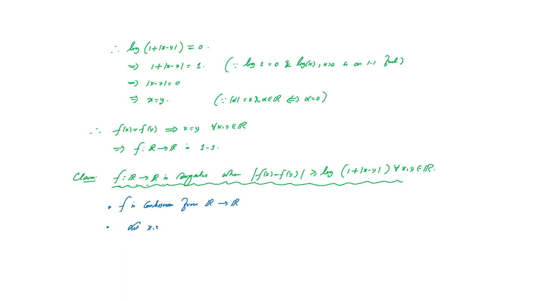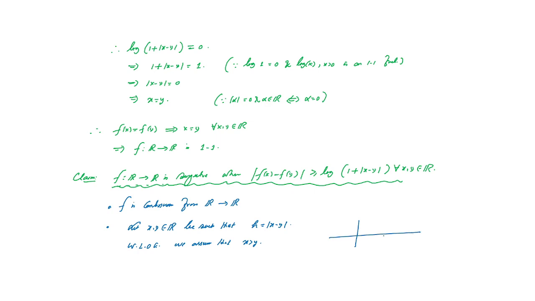So let x and y, both real numbers, be such that h equals mod of x minus y. So without loss of generality, we assume that x is greater than y. You can think about x less than y.